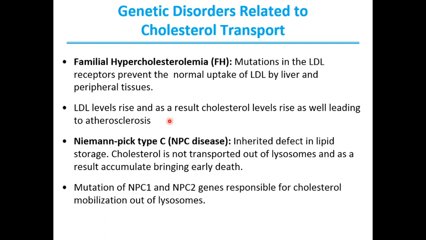The second disorder is Niemann-Pick type C, or NPC disease. This is an inherited defect in lipid storage. In this disorder, cholesterol is not transported out of the lysosomes and instead accumulates in lysosomes of liver, brain, and lungs. This results in early death.